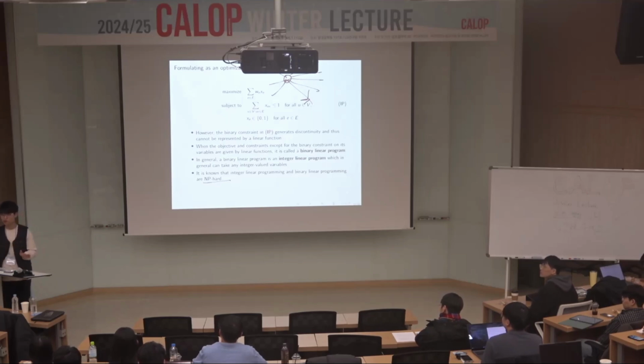The central question in complexity theory is this: for a binary linear program, there are 2 to the n solutions, because you have n variables and for each variable there are 2 choices.